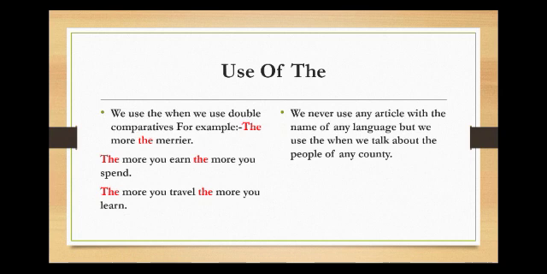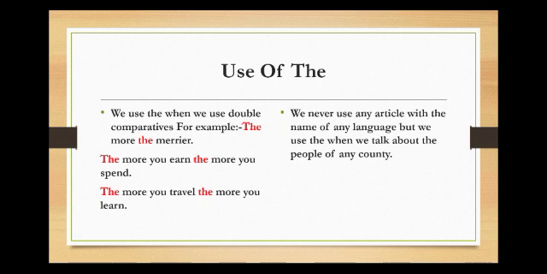No, we never say like that. But we use the when we talk about the people of any country. So if we talk about the language of any country, no article is used. But if we talk about the people of any country, then we use the before its name.